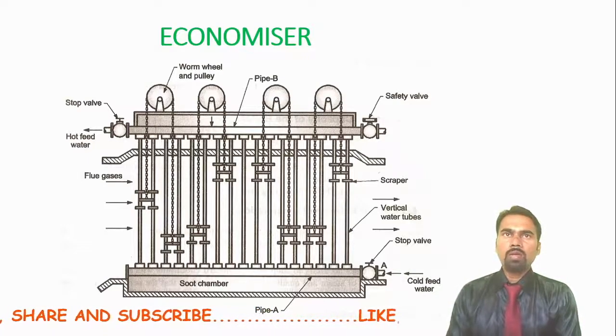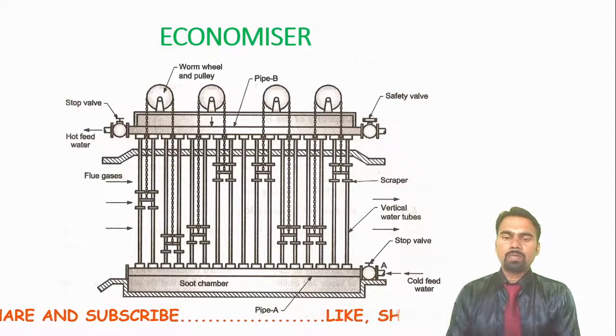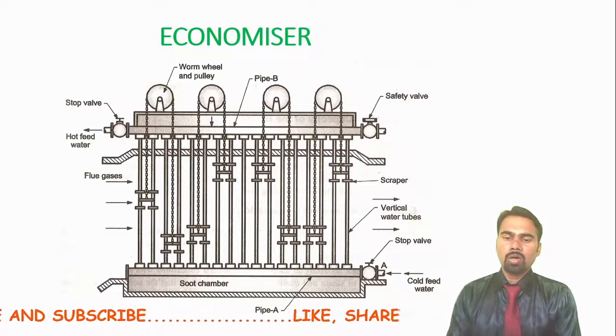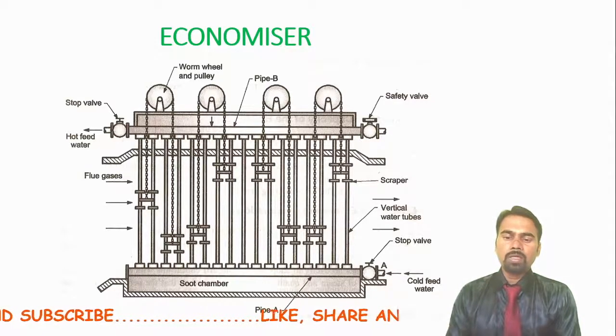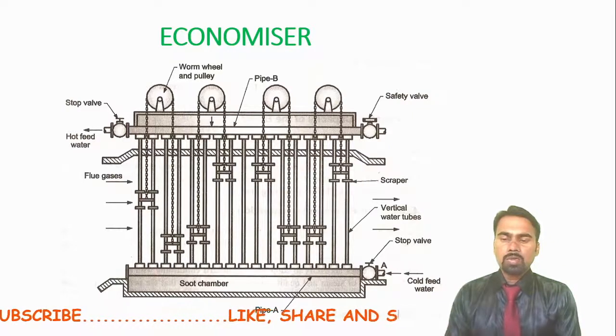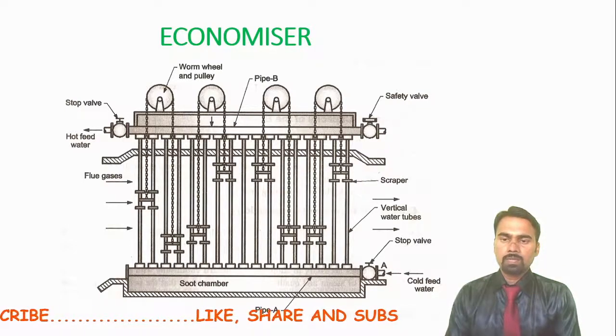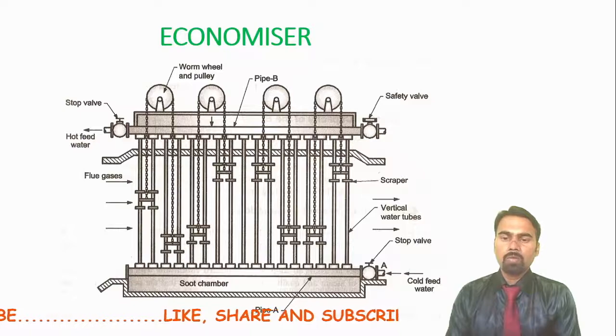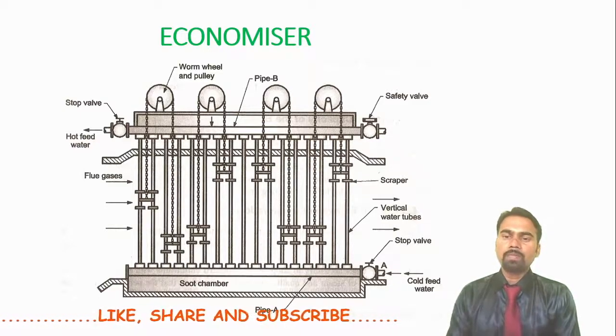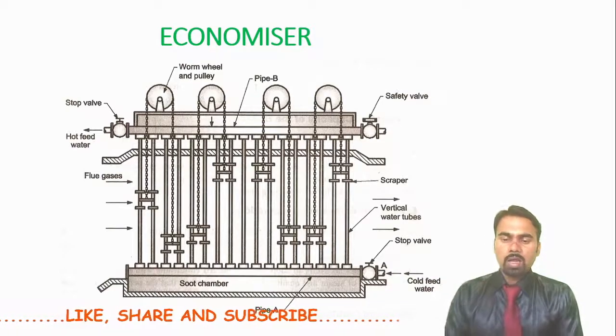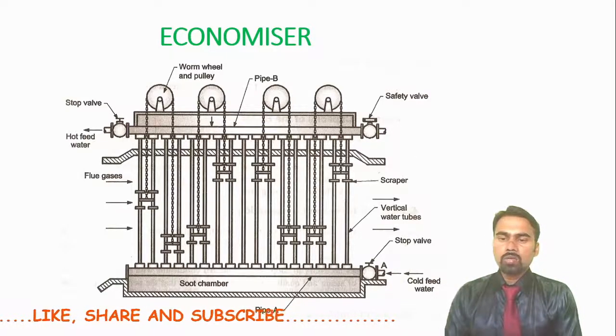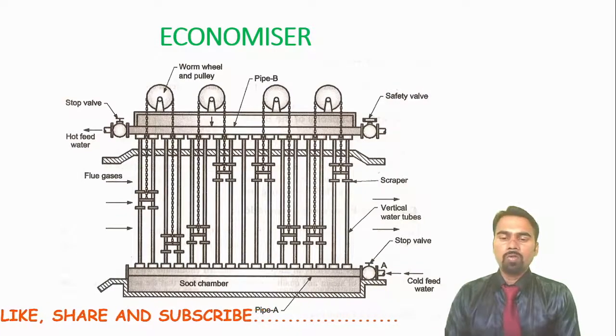So to minimize the required fuel, we preheat the water by taking the waste heat coming from the flue gases. That is the function of the economizer, to preheat the water before sending it into the boiler shell, and its location is in the path of flue gases.